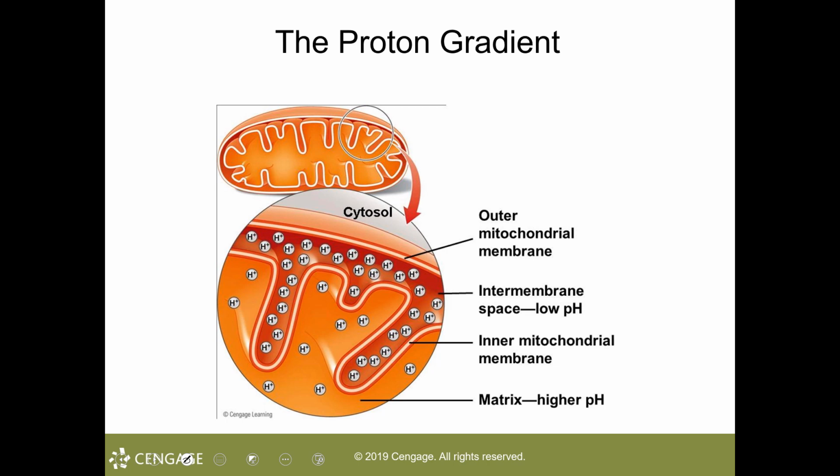So what's happening is as those protons are being pumped down the electron transport chain, some of that energy pumps them across that inner mitochondrial membrane into the intermembrane space. So as it happens, it states low pH. Can anyone state why the pH is so low in the intermembrane space?